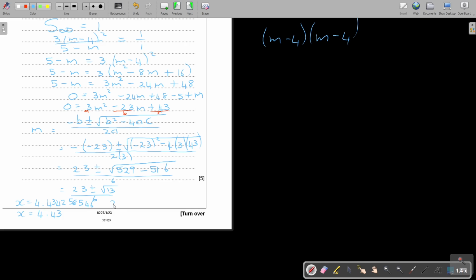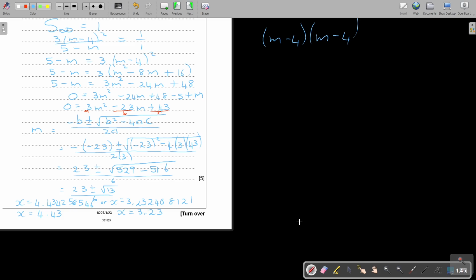And the other value of x: 23 minus the square root of 13 equals, otherwise you must put brackets, divide by 6 equals, and I'm getting 3.232, and that is x equals 3.23. And those are my two answers.